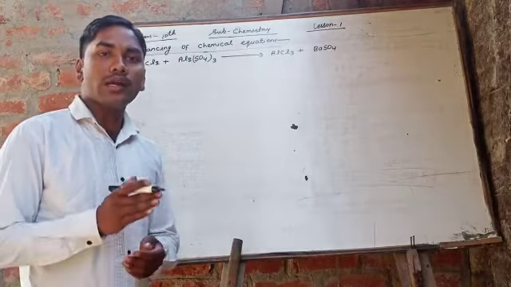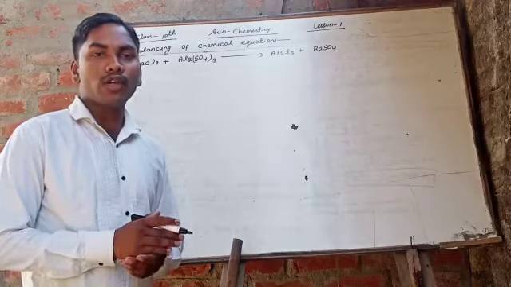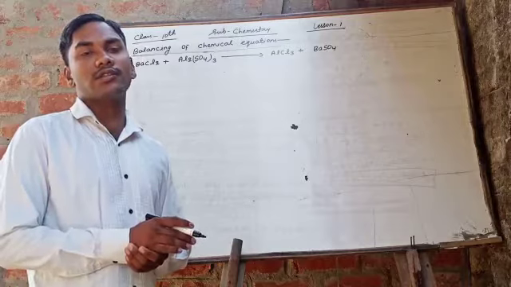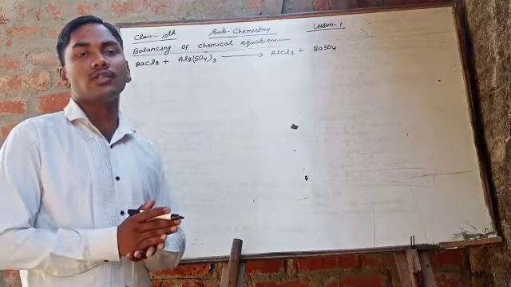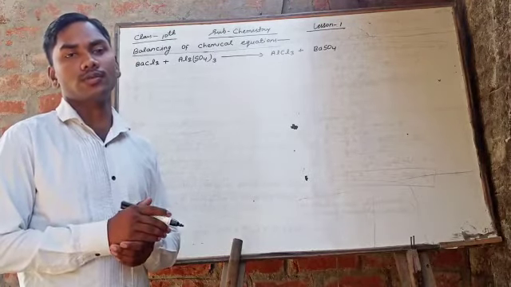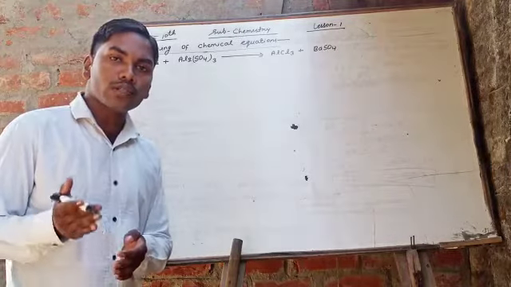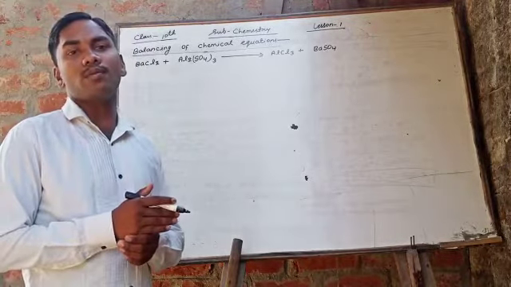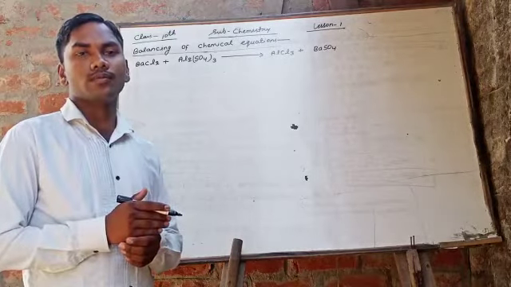But according to the law of conservation of mass, which we have already discussed in class 9, the mass of the reactants should be equal to the mass of the products. So, to satisfy the law of conservation of mass, we need to balance the chemical equation.